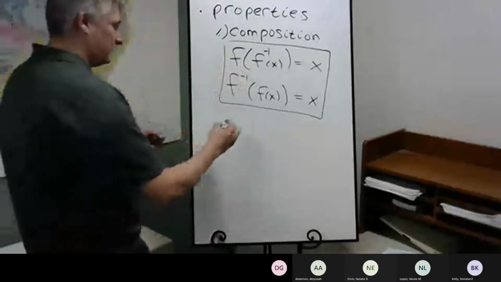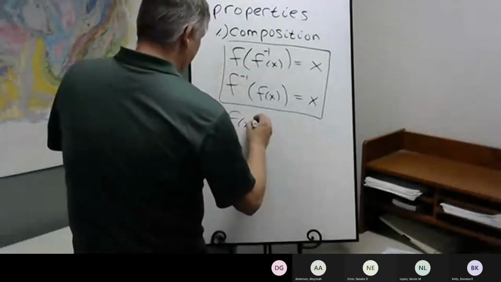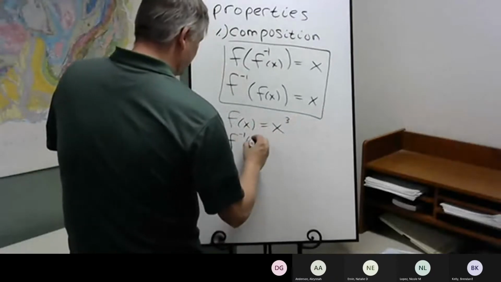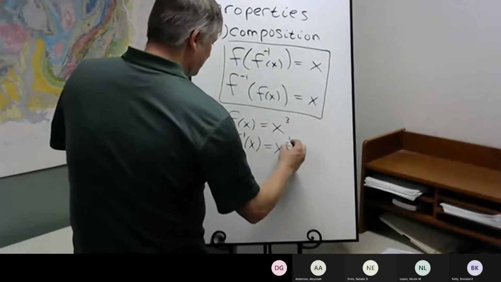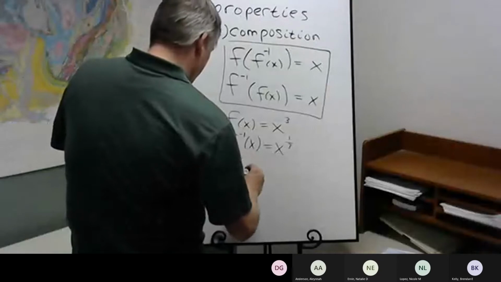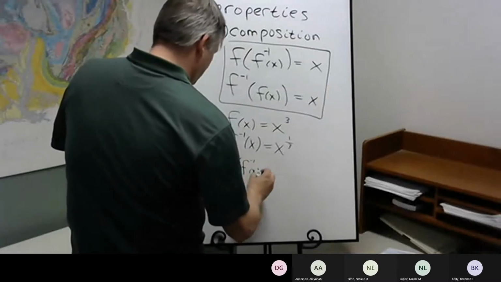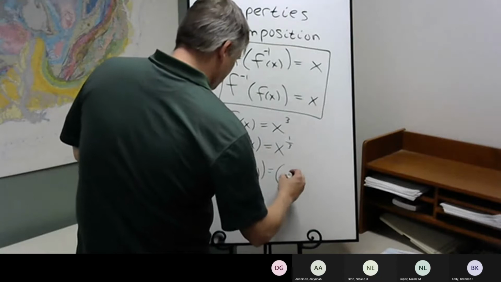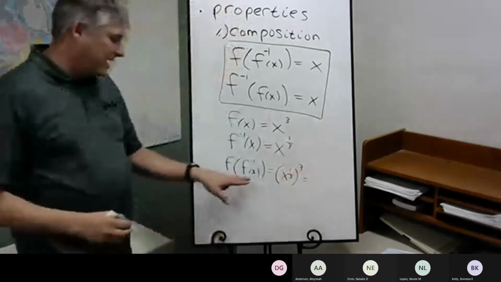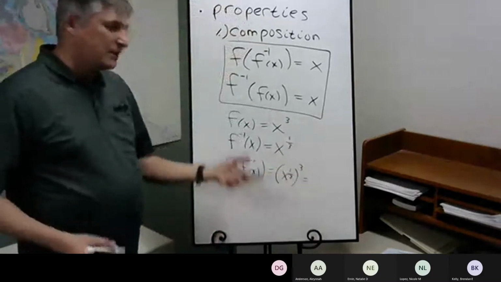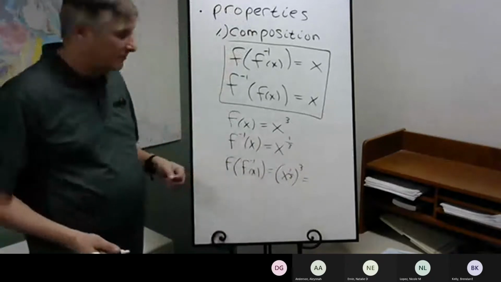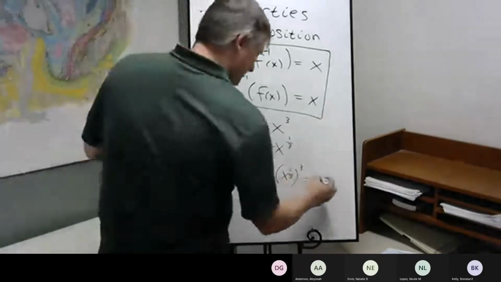So just to show, f of x is x cubed, f inverse is x to the 1/3. So if we do this, we're going to take x to the 1/3, and then we're going to cube it. And if you remember the property with exponents, we're going to multiply 3 times 1/3. That's just going to be 1. So x to the 1 is just x.